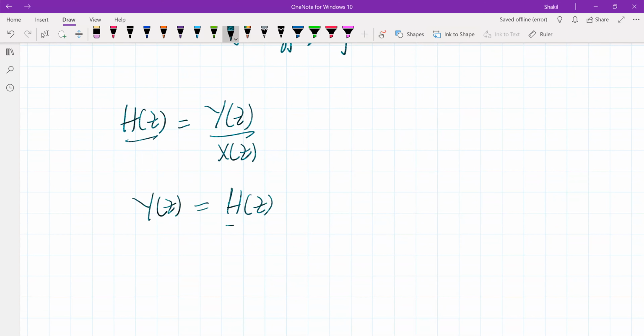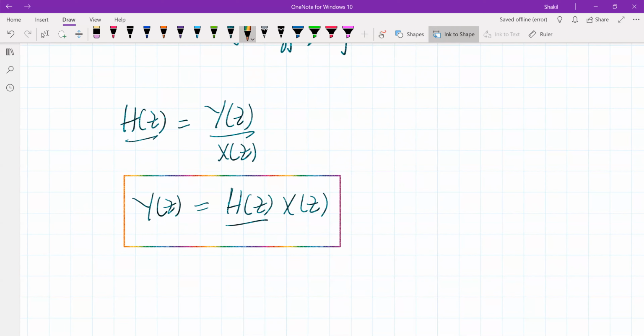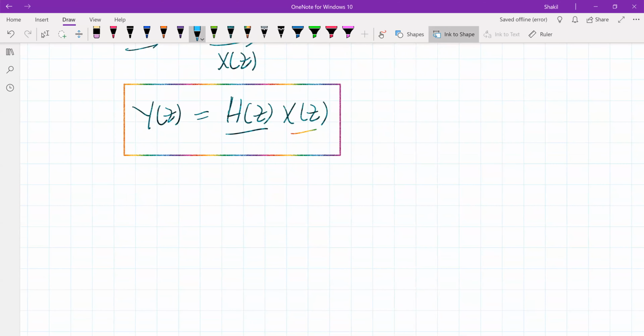Substitute the z transform of the input and multiply it with this transfer function, and we can compute the output for any input. Once you have derived the transfer function of this difference equation, we can compute the output for any input. Let me show you an example to illustrate this.